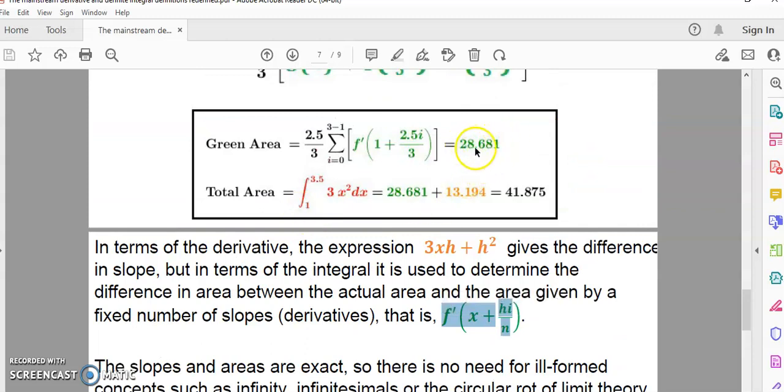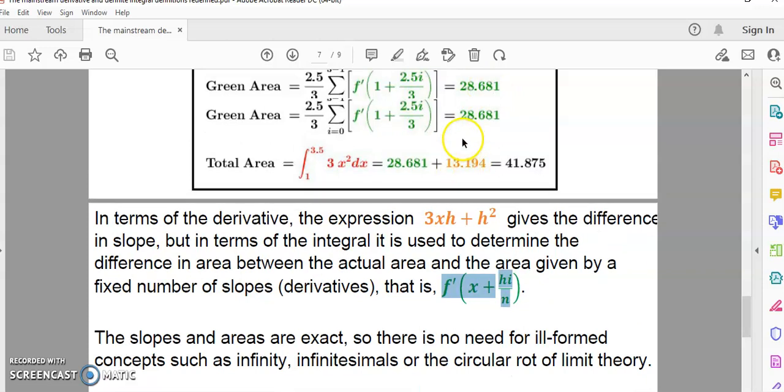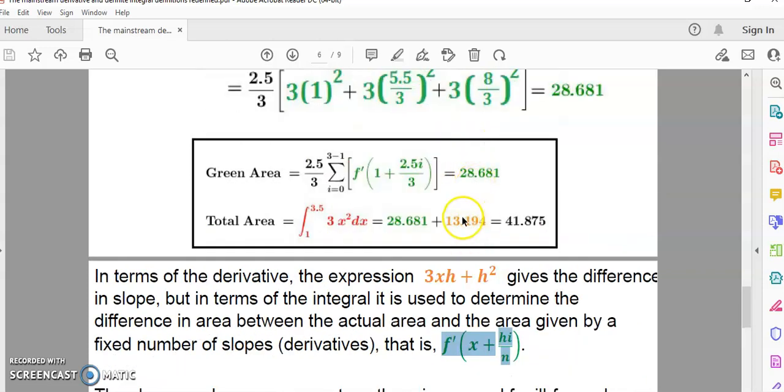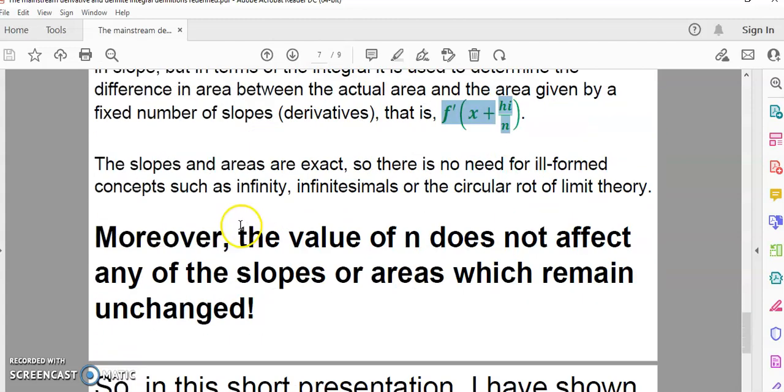This is the area for a fixed number of slopes, and the actual area is simply this plus the difference in the areas.